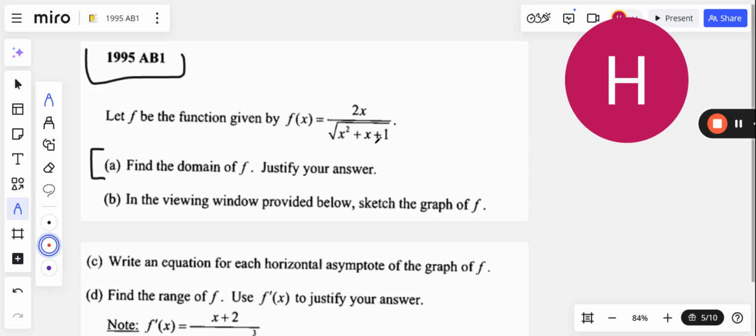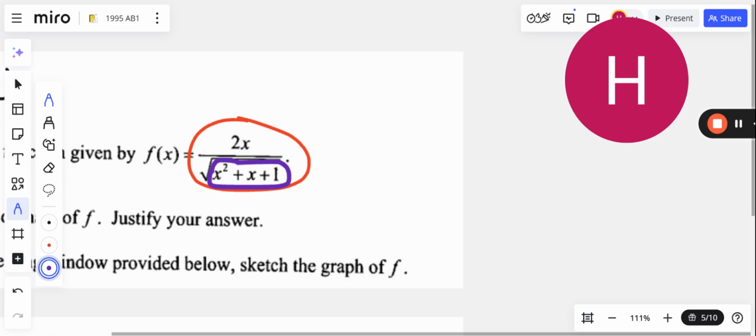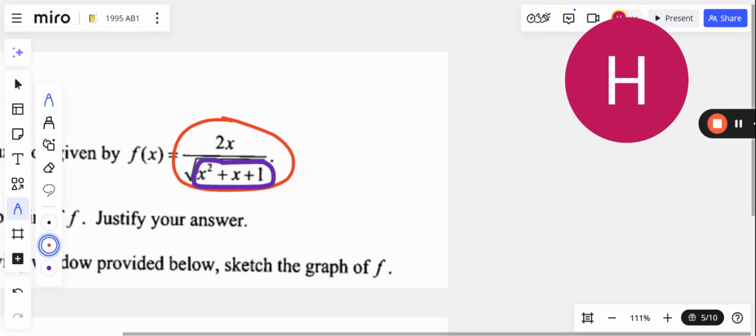Now, we don't have any logarithms in this equation, but we do have a rational expression, right? We have a big fraction with some x stuff going on in the bottom. And we also have this even radical in the denominator, so we have to be careful about a couple of things here. First, let's work with the fraction.